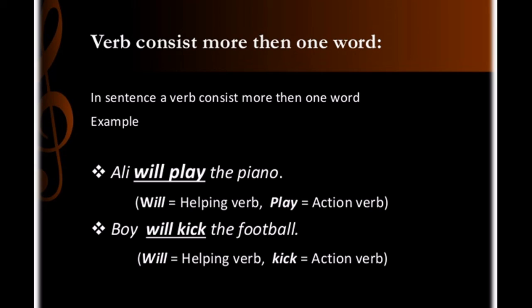It's also a verb, isn't it? So will is your helping verb and will play is the verb. In the second sentence, the boy will kick the football. Kick here is your main verb, action verb, and will is your helping verb. So your complete verb is will kick.